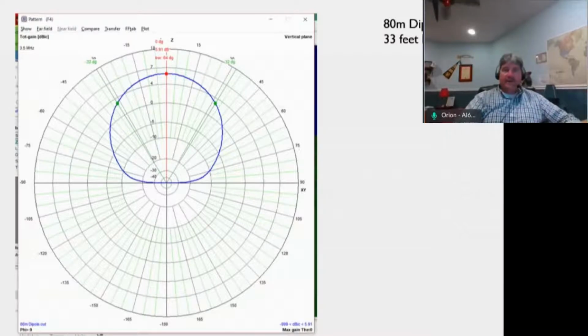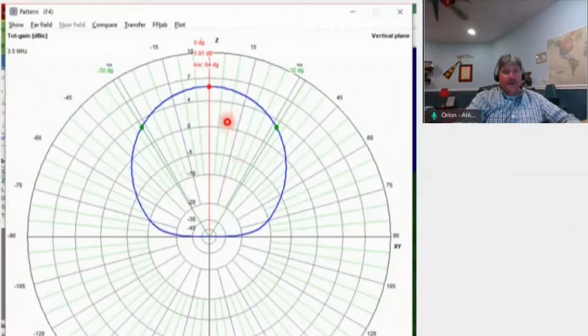So the vertical pattern looks like this. One of the things you might notice from what we have already seen, because we were looking at the one at 130 feet, is that the pattern is practically straight up and down. And notice it says 0 degrees here, so the maximum gain is straight up in the air.